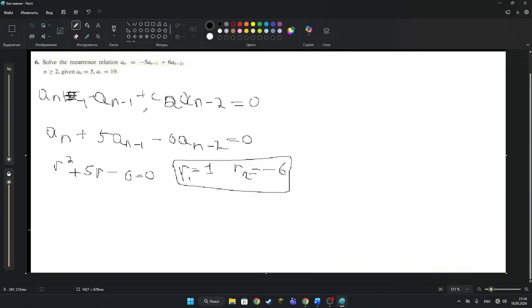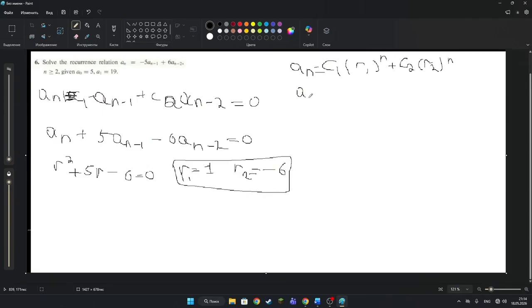So let's write the solution. It's not equal to each other, so a_n is c1 r1 to the power of n plus c2 r2 to the power of n, and just replace.